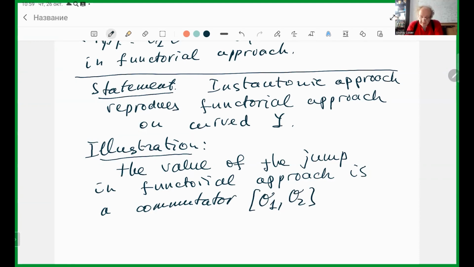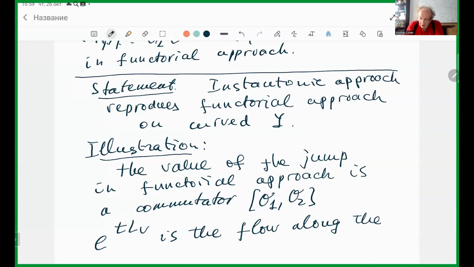So the exponential of the derivative is the flow along the vector field that we observed.